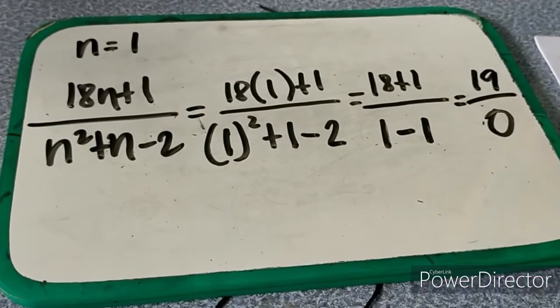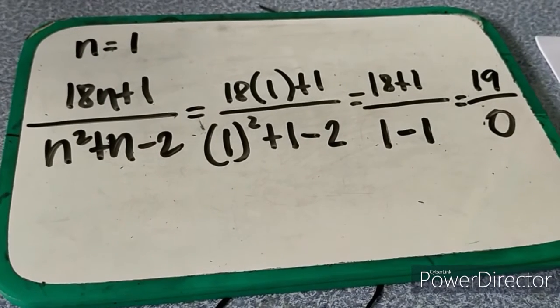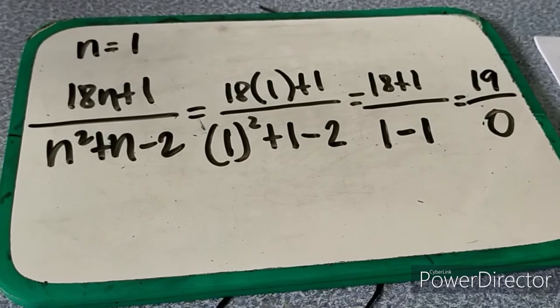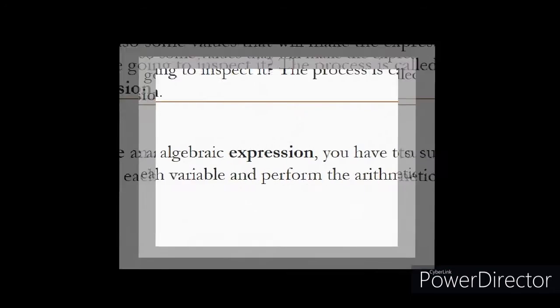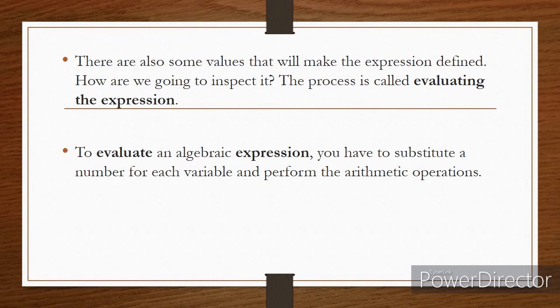We have finished discussing about excluded value. Now, there are also some values that will make the expression defined. How are we going to inspect it? So, the process is called evaluating expression. So, may mga values naman tayo na pwedeng mag-define dun sa ating expression.